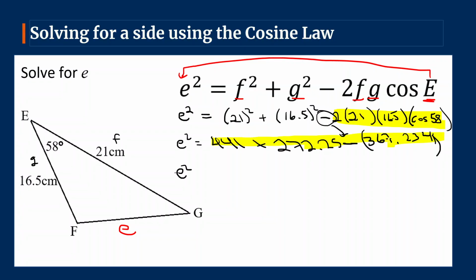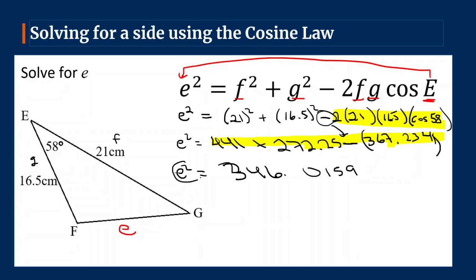So I'm just literally typing that in. 441 plus 272.25 minus 367.2341. And that gives me, get my pen back, 346. Did I, if you're practicing along with me, did I mess you up there?